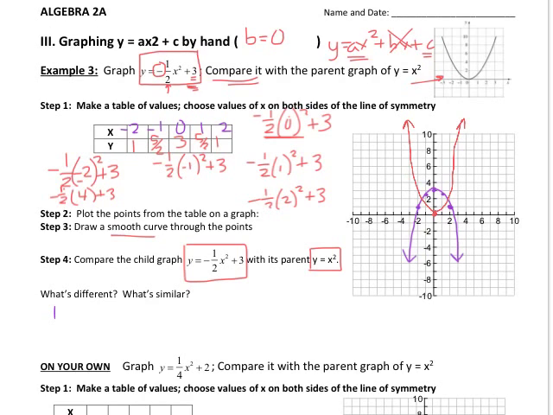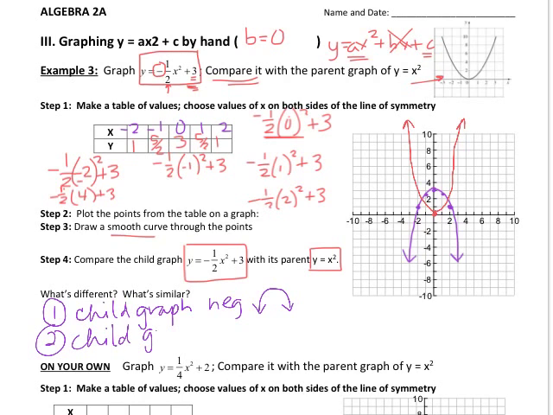What's different about the purple curve or the child curve? Well, it looks to me like the child graph, one, is negative, right? It has an upside down U shape. And the child graph also has its vertex at not 0, 0, but at 0, 3. So the vertex is at 0, 3, right?